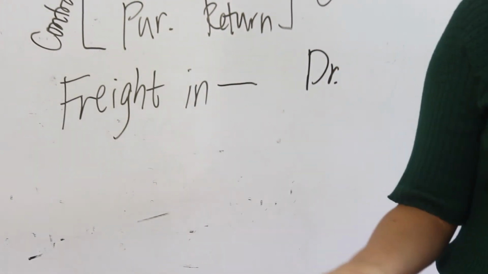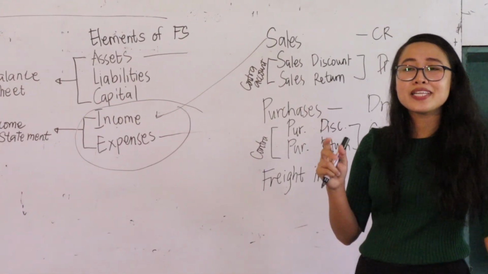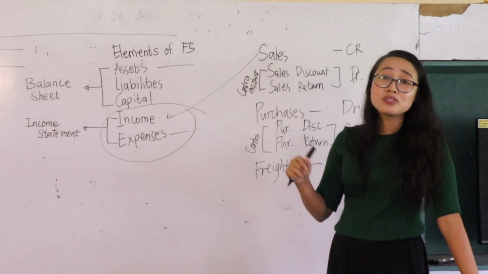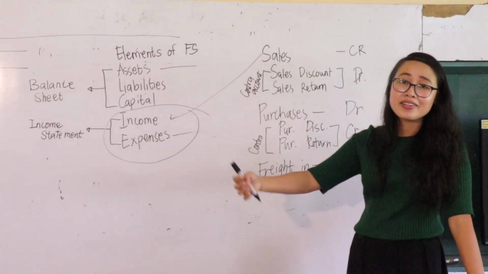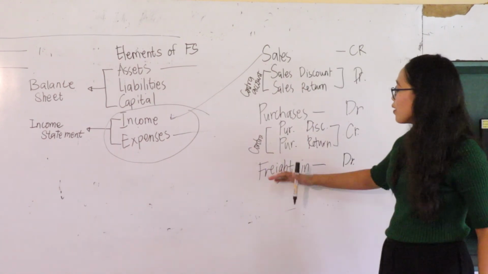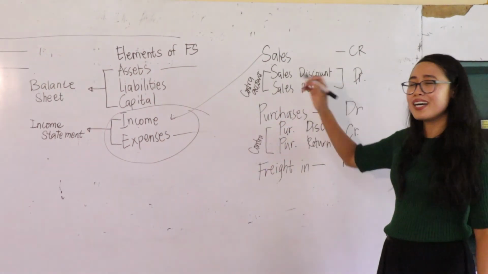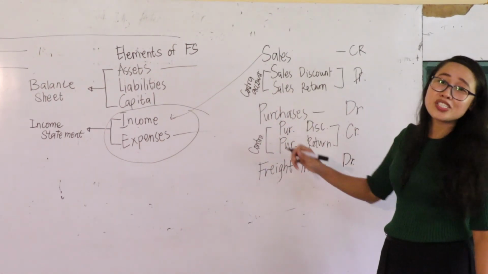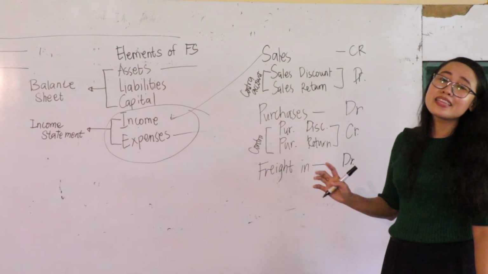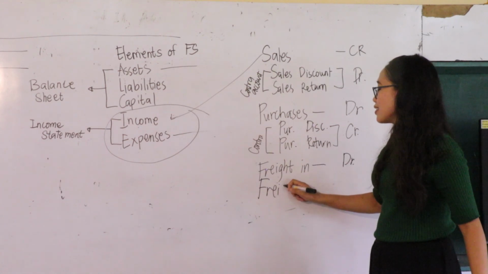So what is freight in? I hope you still remember. Any freight costs you pay to bring certain inventories or purchases to be available for sale to your customers, we call that freight in. Do you remember the animated illustrations that we had on the difference between freight in and freight out?